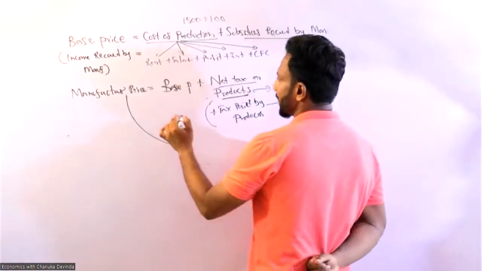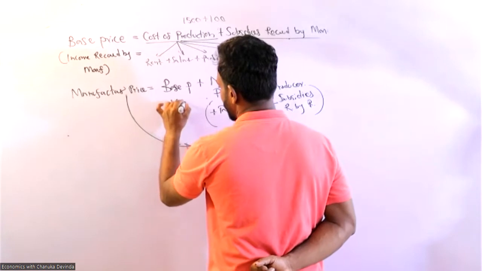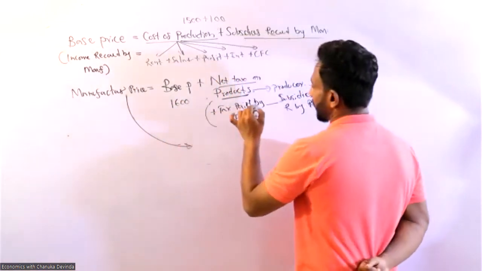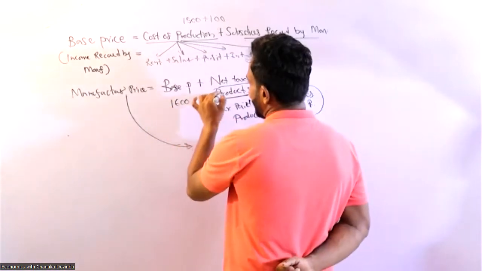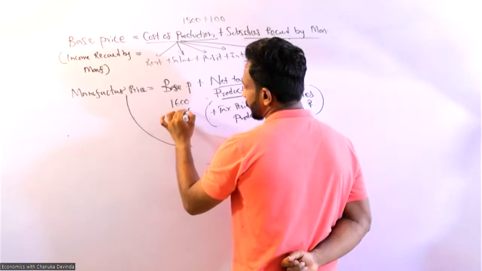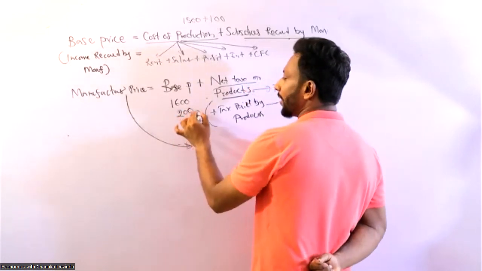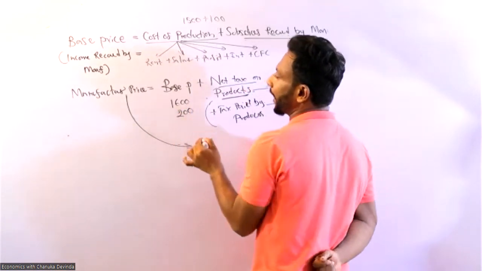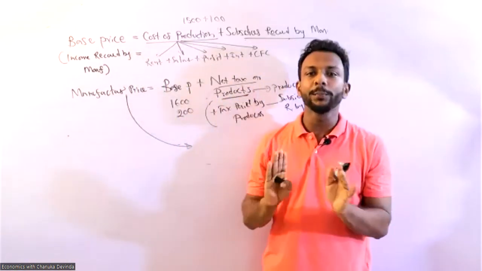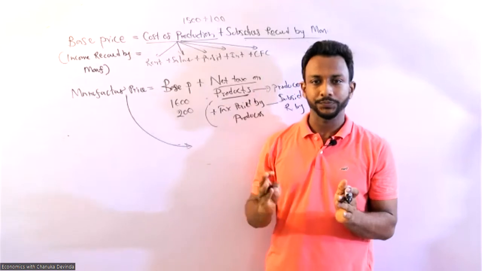Now the base price is 1,600, and he has to pay 200 tax for the unit. The manufacturer is not going to pay by himself, right?